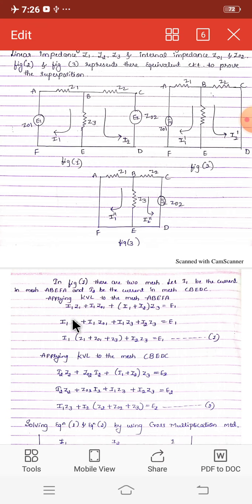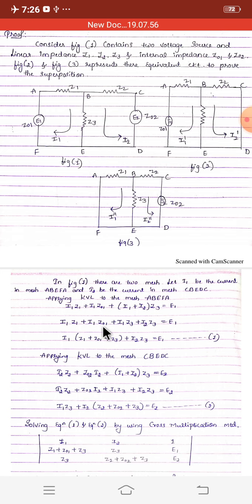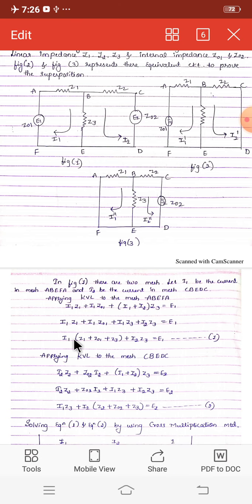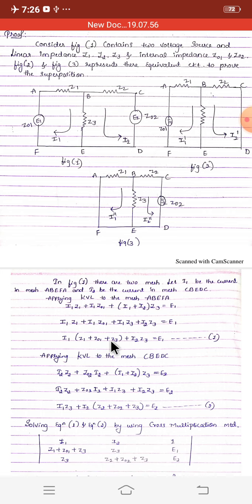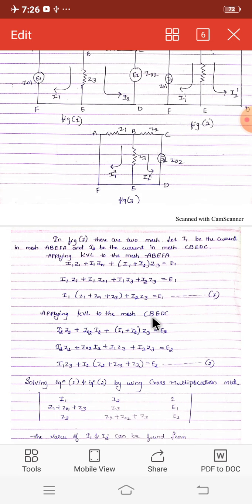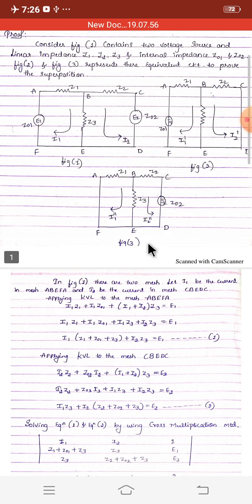Clear? So I1 Z1 plus I1 Z01 plus I1 Z3 plus I2 Z3 equals E1. Now take I1 common: I1 times Z1 plus Z01 plus Z3, plus I2 Z3, equals E1. Consider this as equation 2. Now applying Kirchhoff's voltage law to the mesh CBEDC.